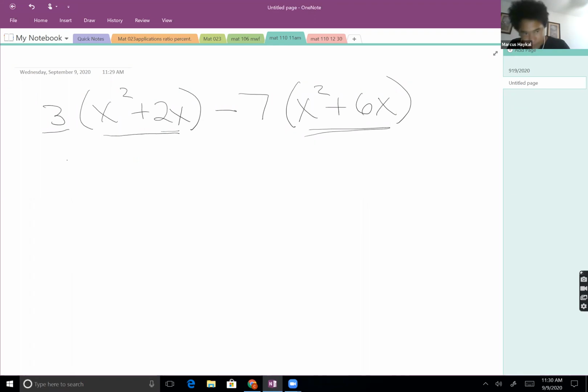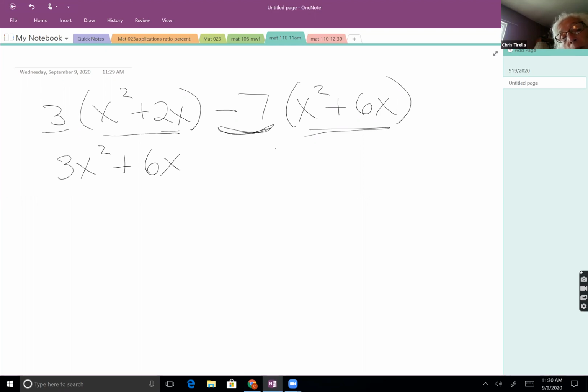Distribute the 3, so 3x squared plus 6x. But now this next one is a little problematic. Does everybody see that what's in front of it is a minus 7? So I don't just distribute the 7, I have to distribute the negative 7. That gives me negative 7x squared minus 7 times 6 is minus 42x.